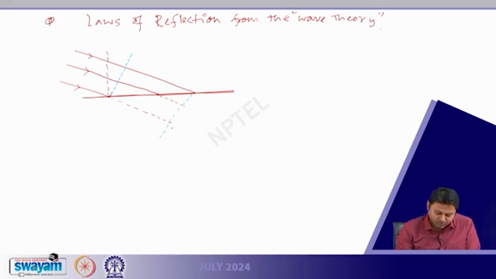Okay, let me now put some names here. Suppose this point is A, this is A1, this point is B, this is B1, and this point is C.